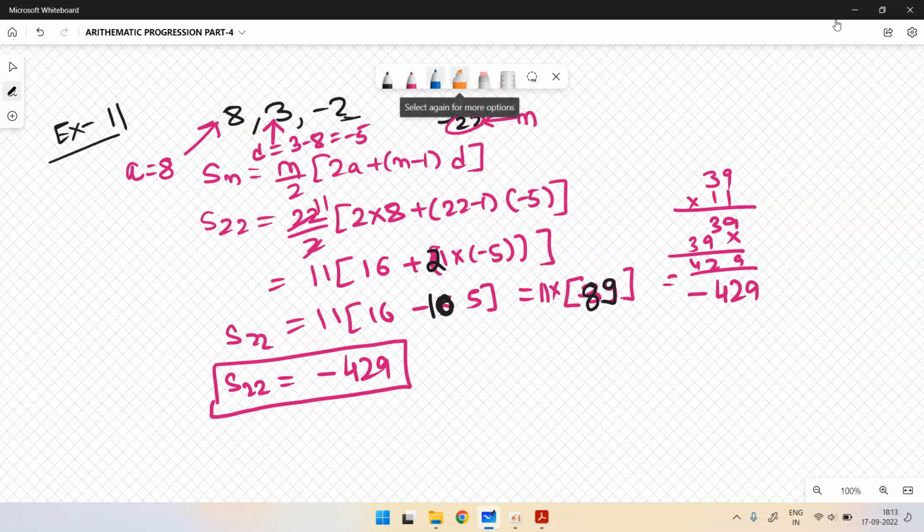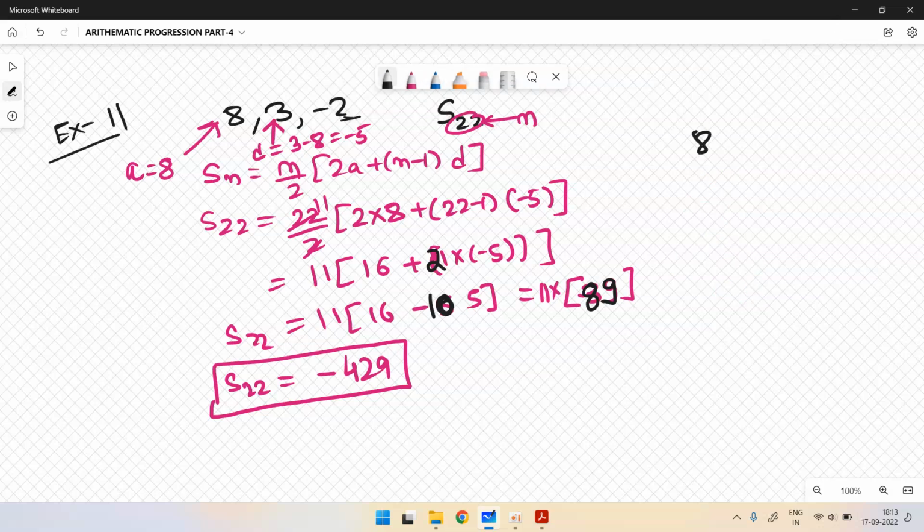And if you multiply 89 by 11, this is my mistake earlier. 89 into 11 is 979. So minus 979 is your answer.